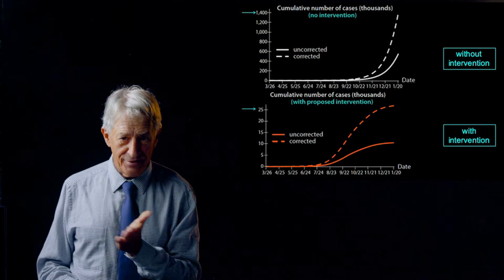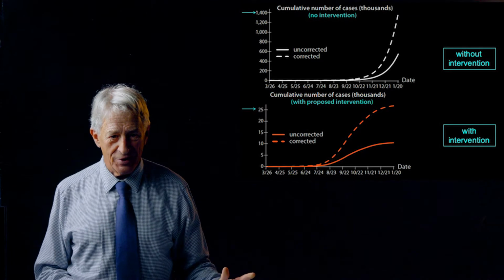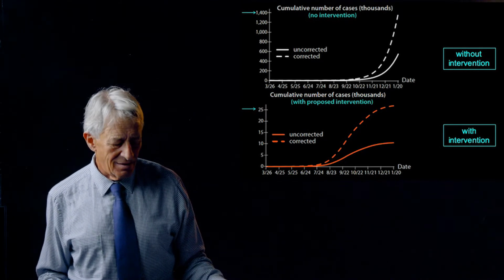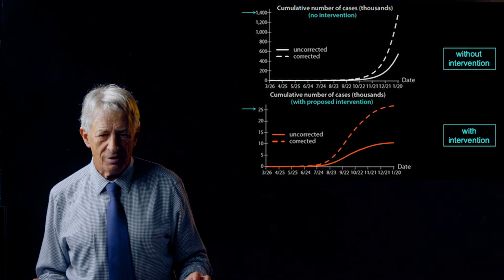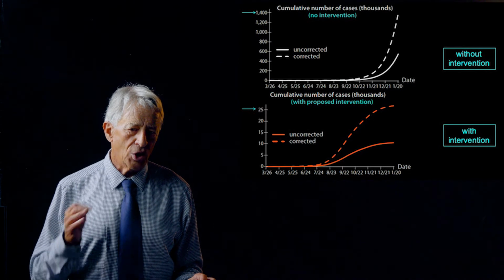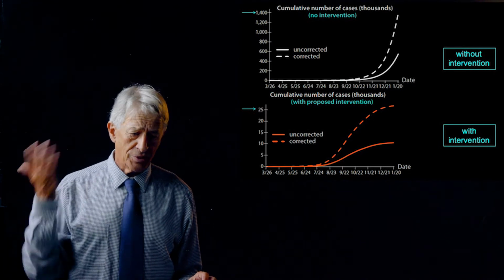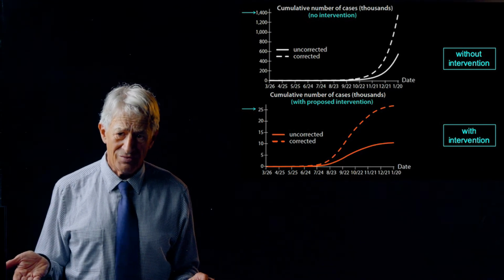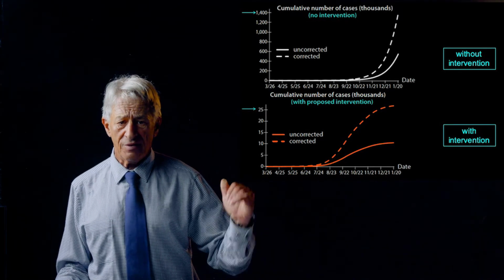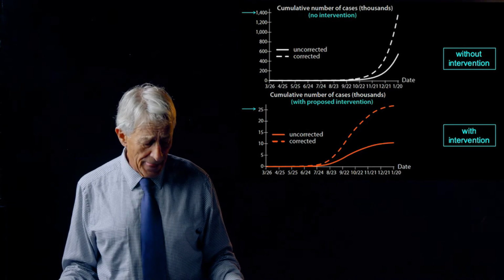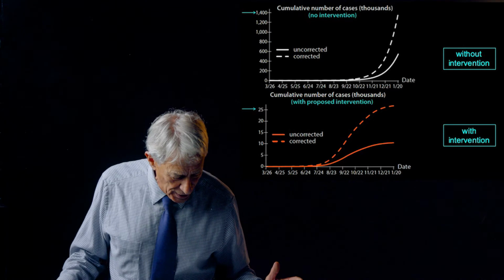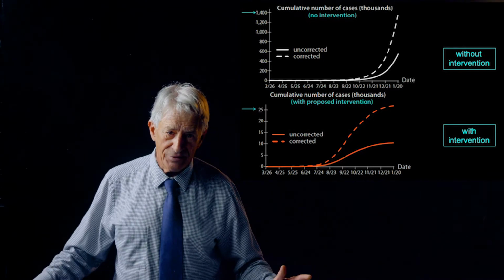And you see that very unpleasant exponential rise of the number of cases. The two different lines are because you have to correct for underreporting of cases. The actual number of cases is going to be larger than the number of reported cases. So the dotted line is the actual cases, and the solid line is the reported cases. But both of them are terrible, and you see them going up to gigantic numbers.